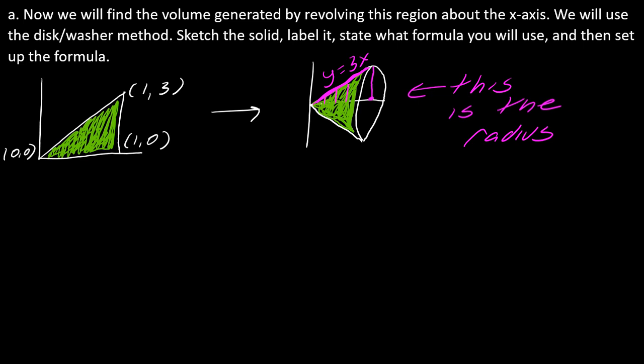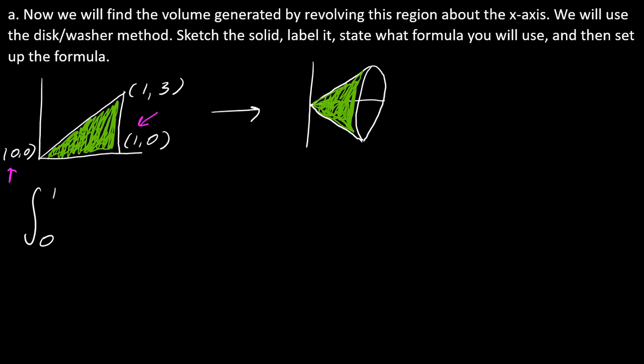All right, so now we can start thinking about our integral. The whole point of having this piece labeled is that I've revolved about the x-axis, so everything's going to be in terms of x. So when I look at this drawing, I'm just looking at my x coordinates, and I'm looking for the highest and the lowest, because that is what I'm going to use for my limits of integration. So my limits of integration go from 0 to 1. And then I need to set up the rest of this.